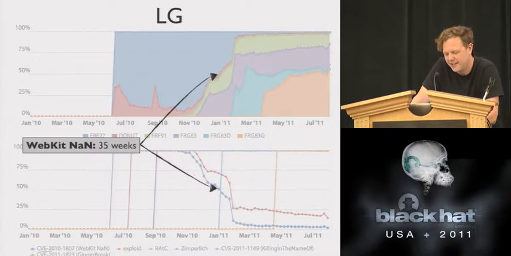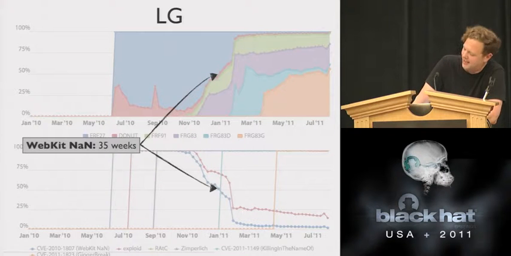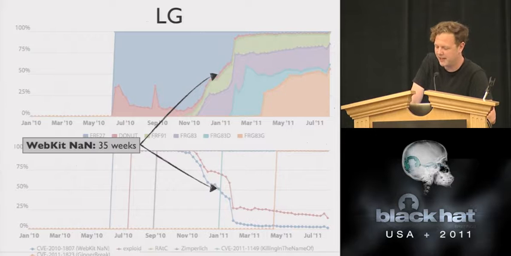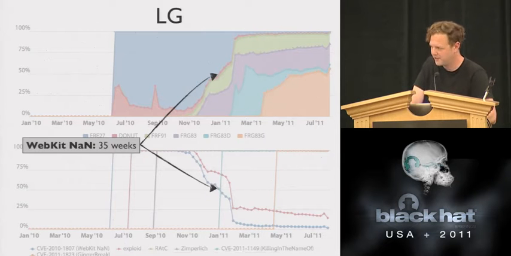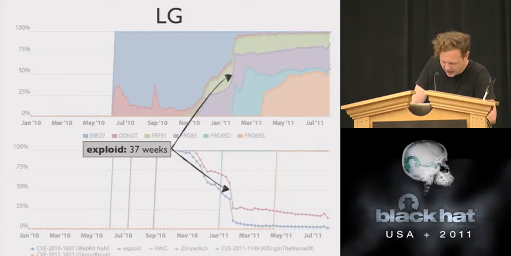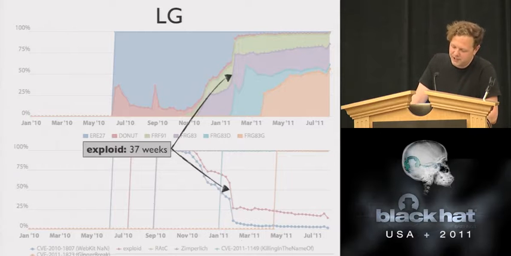So having said that, at the end of 2010, Froyo hits 50% of devices, and as we've seen, the WebKit bug ends up 50% gone. That's 35 weeks after the first devices ship from LG. FRG83 starts rolling out in November, but doesn't really take until well into 2011.